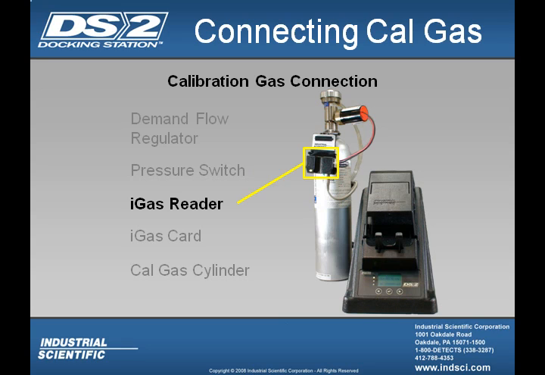And we have to ensure that the pressure switch is connected into the iGas reader. And we have our iGas card that is plugged into our iGas reader, and of course the iGas reader will read the encoded information off the card and deliver that also back to your docking station. And of course your calibration gas cylinder.